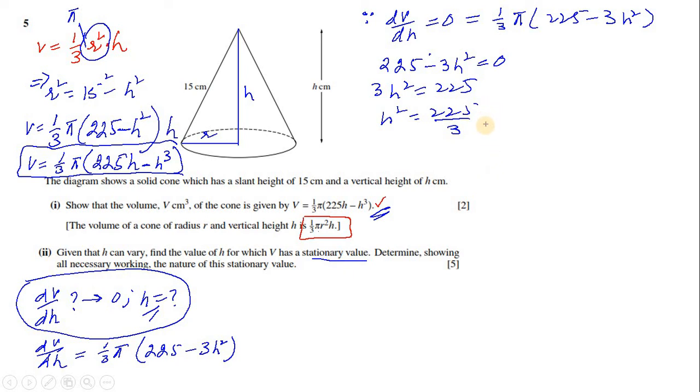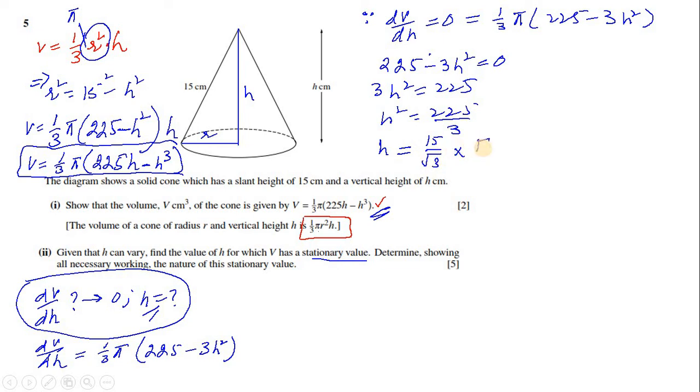Finally, h is equal to 15 by root 3, because if you take the square root, h is equal to the root of 225, which is 15, and then root 3. You can leave it here, but we don't write root in the denominator, so rationalize it.